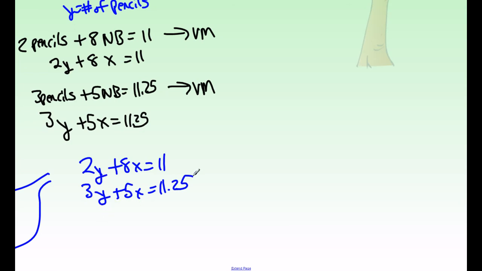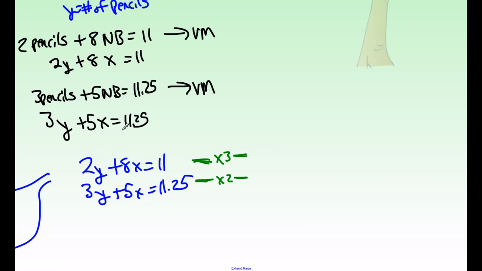So I'm going to eliminate the y's because the numbers are smaller. That's the only reason why I'm picking that. So I need to find a common multiple of 2 and 3. 6. If I multiply this top one by 3, and I multiply the bottom one times by 2, I'm going to have 6 y's on the top and the bottom.